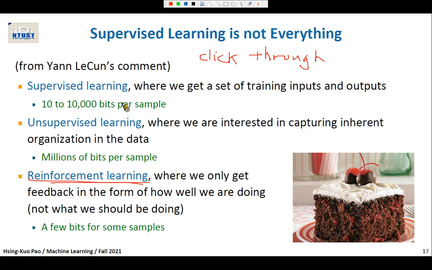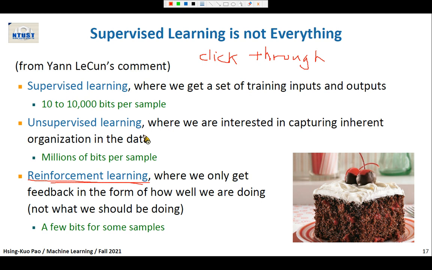But Yann LeCun is from Facebook. At that time, Facebook was also doing some online business, but before that it was more about predicting things like who is in the photos. That's supervised learning, and also unsupervised learning.